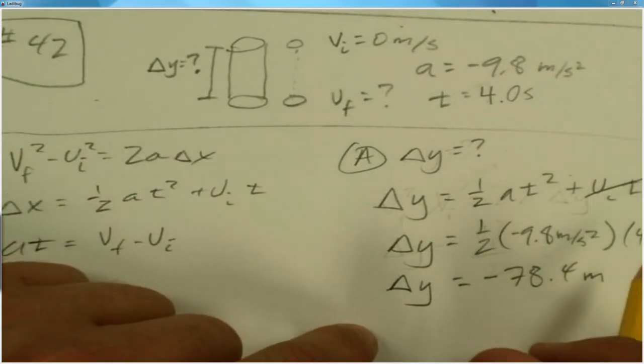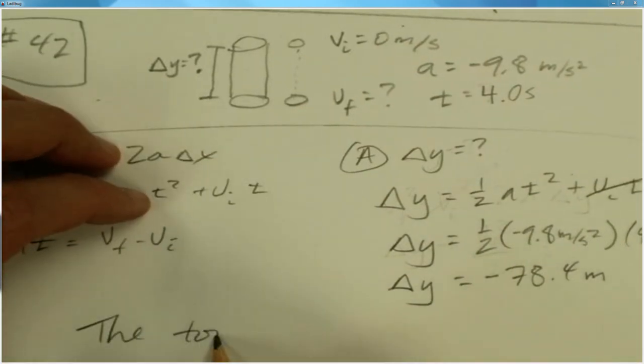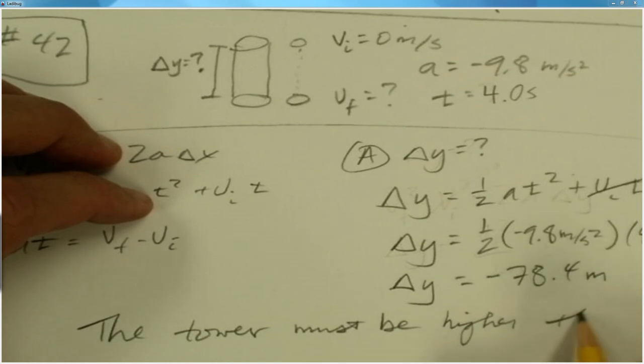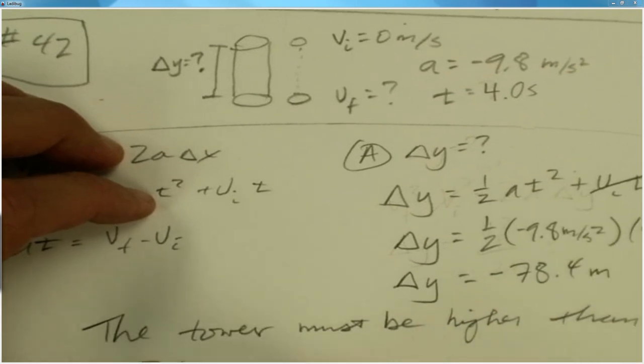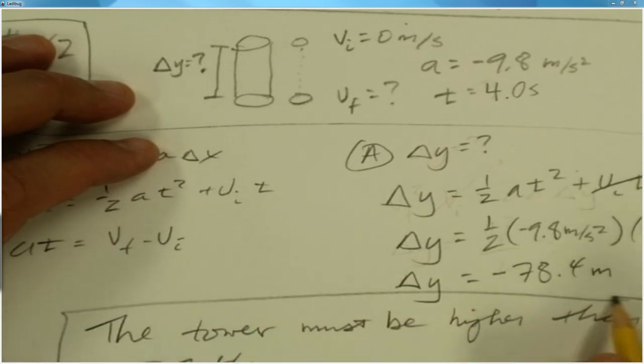And the question asks me, how high must the tower be? So the tower must be higher than 78.4 meters. So that's my answer for part A.